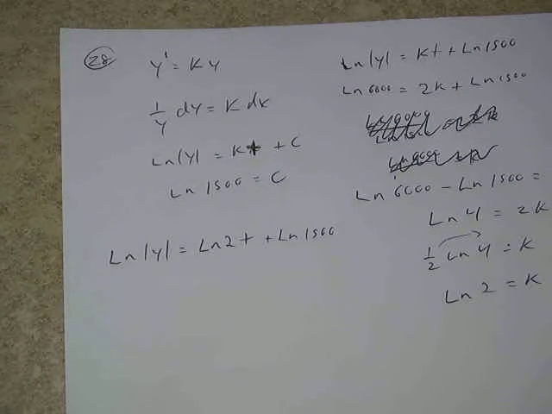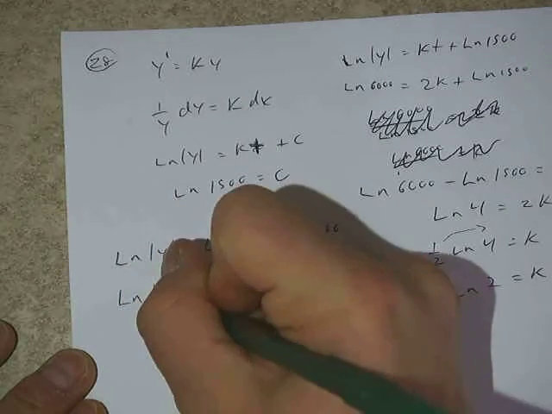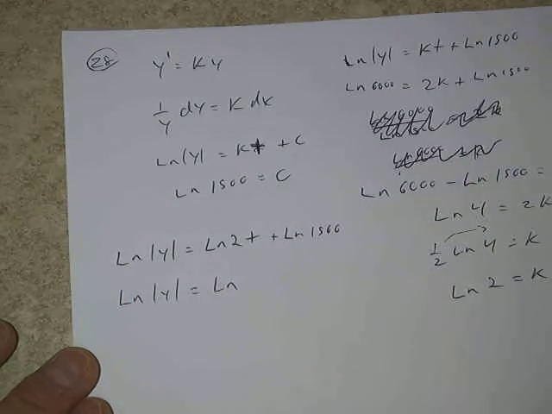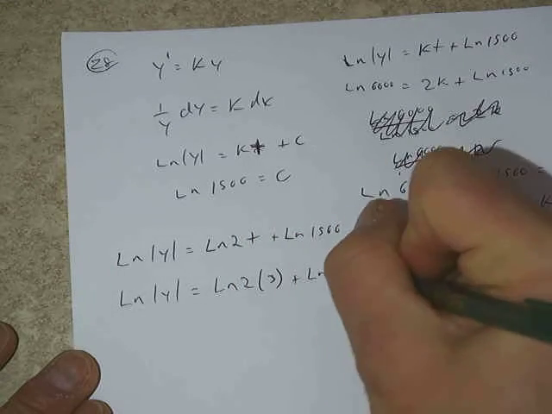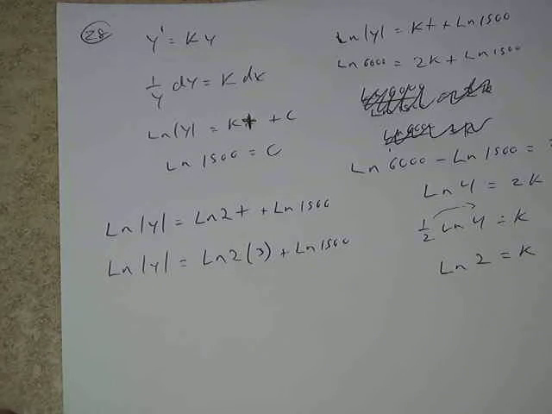And with that, we know the population went from 1500 to 6,000 in the first 2 days. So if we wanted to solve for ln 2 times t, our time would be 3, and you can see how much the population is at that point.